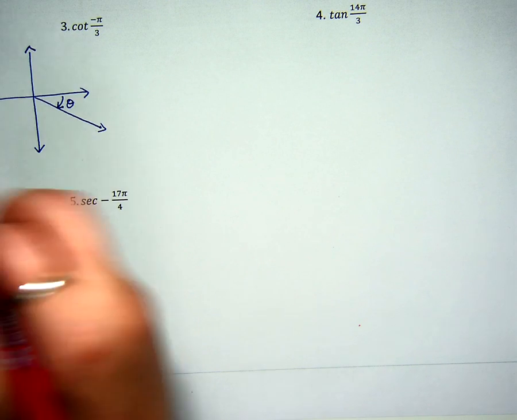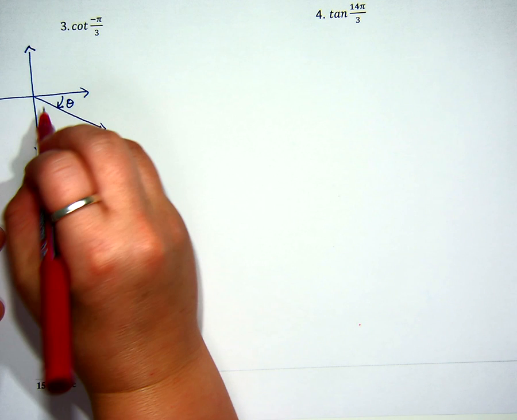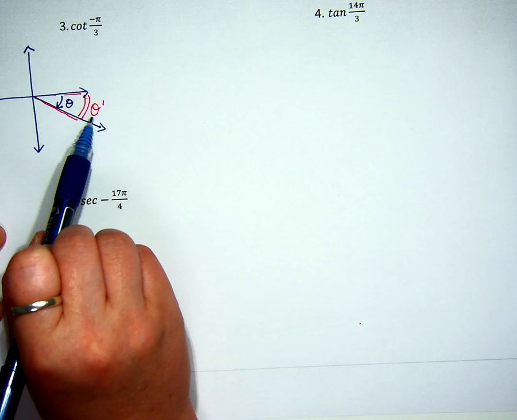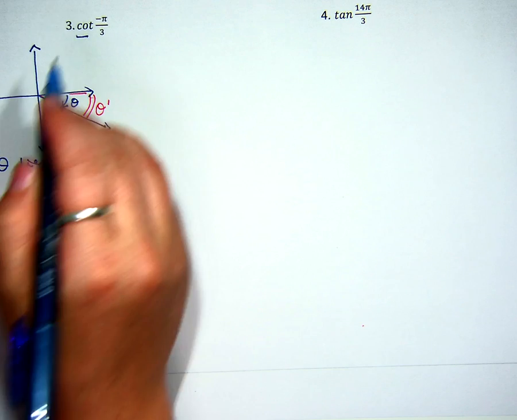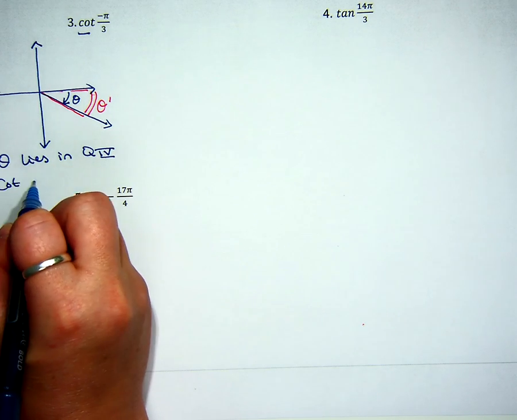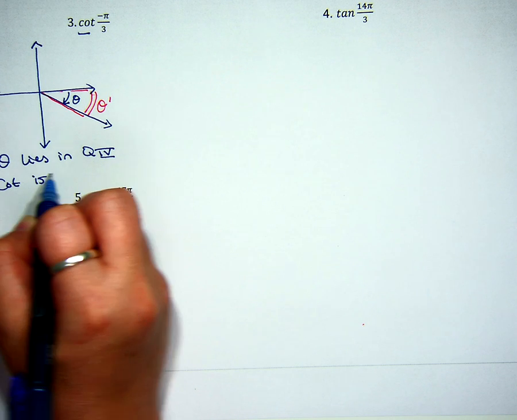Well, if we look at this, let's draw our theta prime. Theta prime is from our terminal side to the x-axis. So actually, if you'll notice, our theta prime is the same location as my theta. So theta lies in quadrant 4. The function is cotangent.